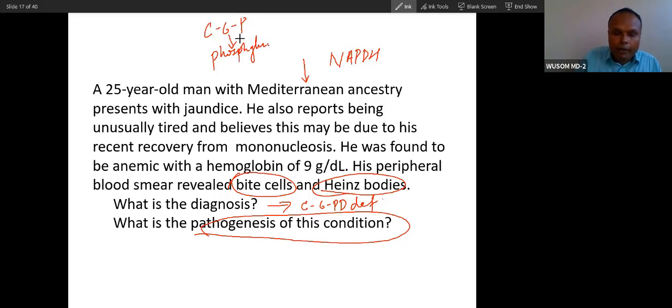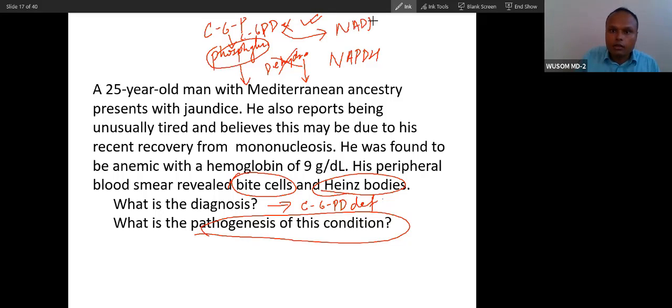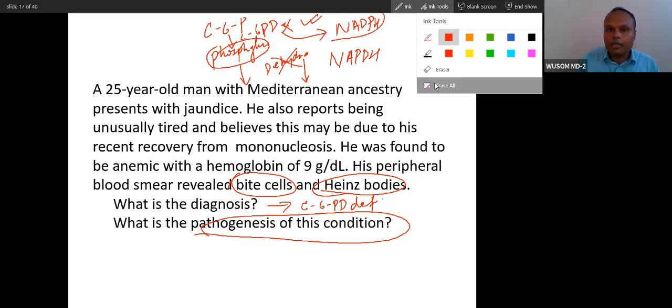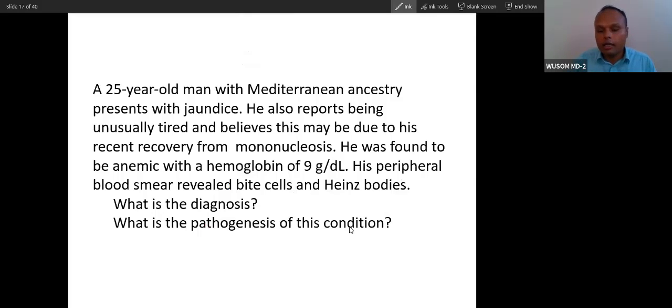If this reaction does not happen, there is no substrate for the second enzyme, the second dehydrogenase. But if this first enzyme is present, even if the second is absent, no problem, there will be production of NADPH. So that is why this first enzyme becomes crucial for synthesis of NADPH, and glucose 6-phosphate dehydrogenase deficiency will cause this problem.